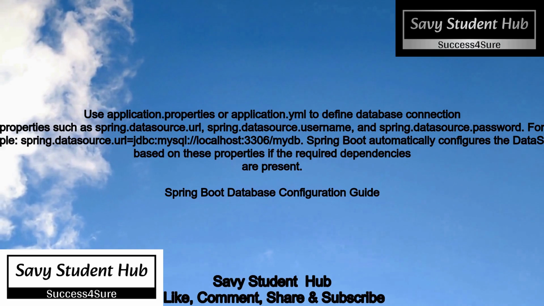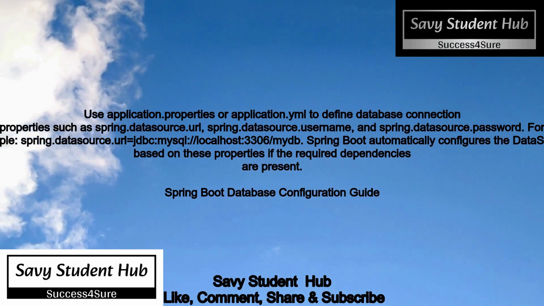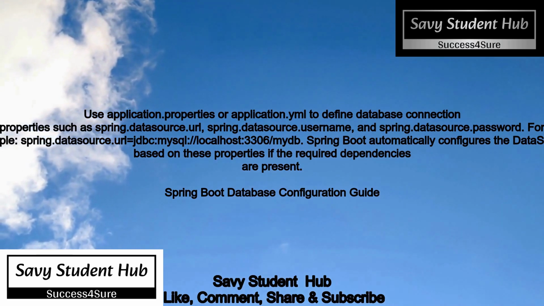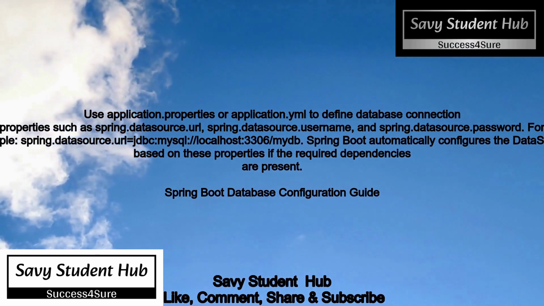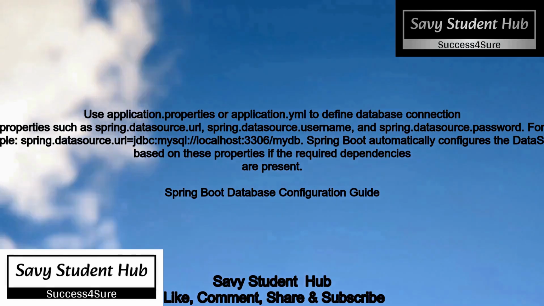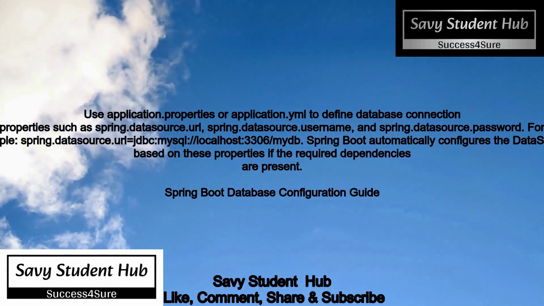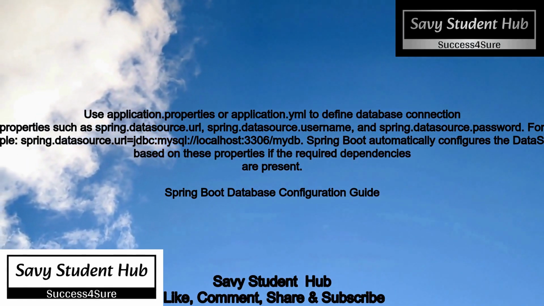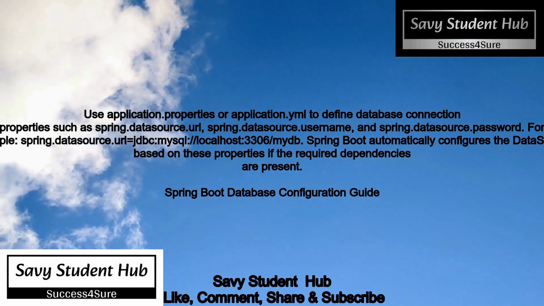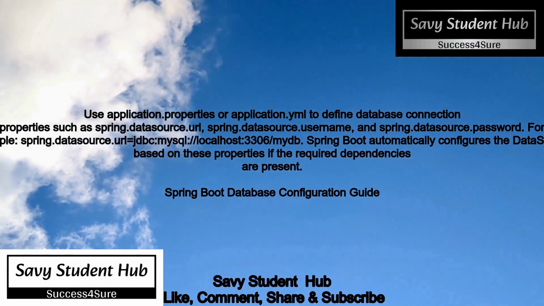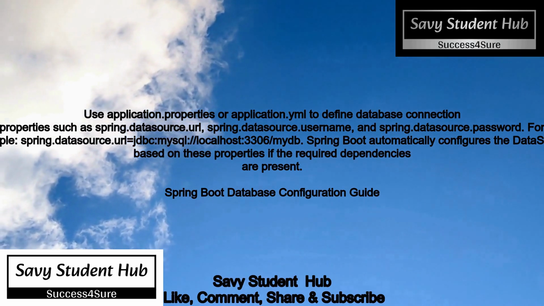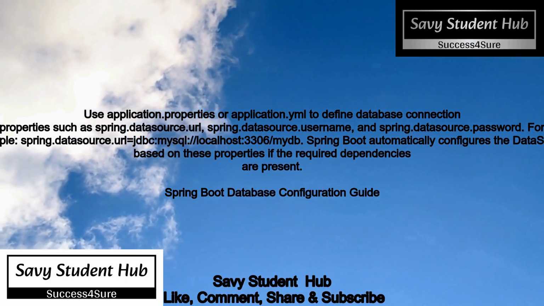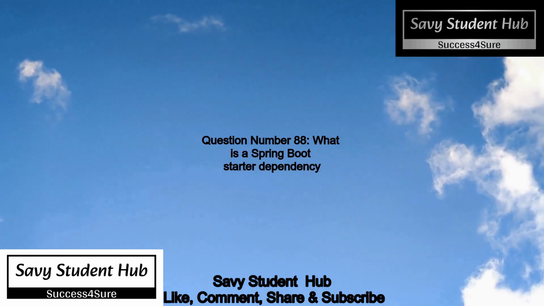For example, spring.datasource.url equals jdbc:mysql://localhost:3306/mydb. Spring Boot automatically configures the data source based on these properties if the required dependencies are present.